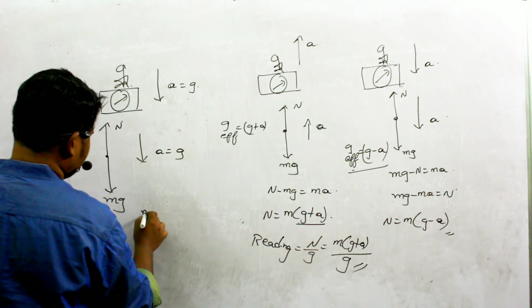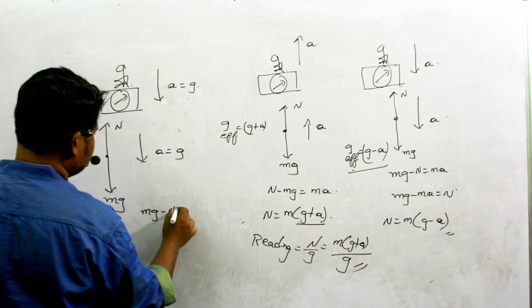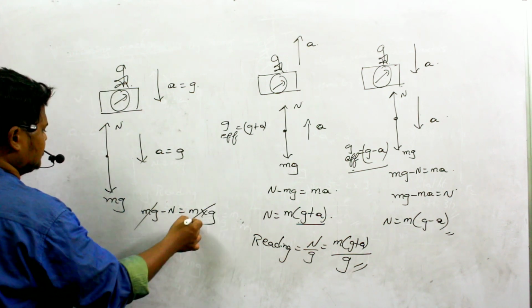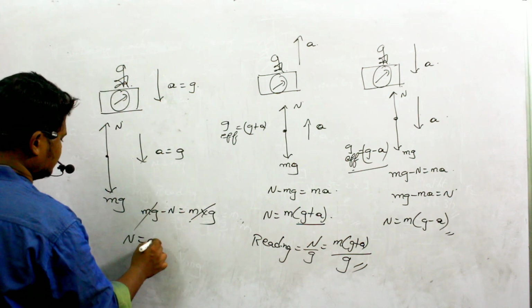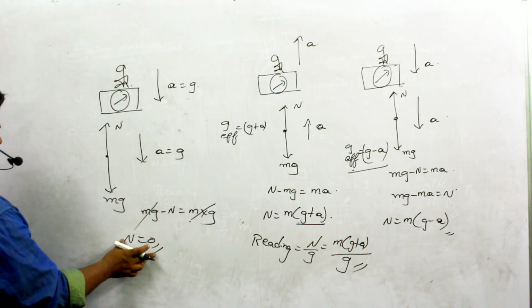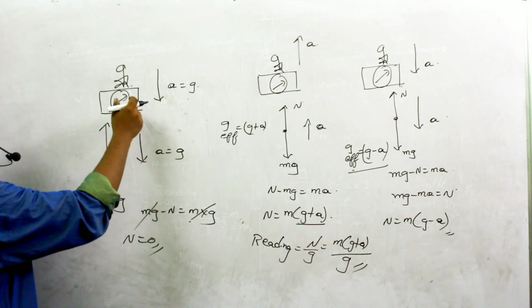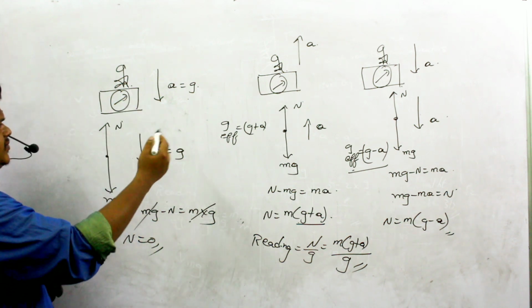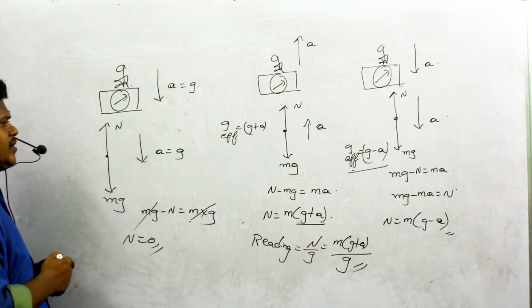So therefore, I can write mg minus N is equal to m into g. So mg gets cancelled, so N is equal to 0. So therefore, the weighing machine will show 0 reading when the body is freely falling. So these are the different conditions we have in the case of weighing machine concept.